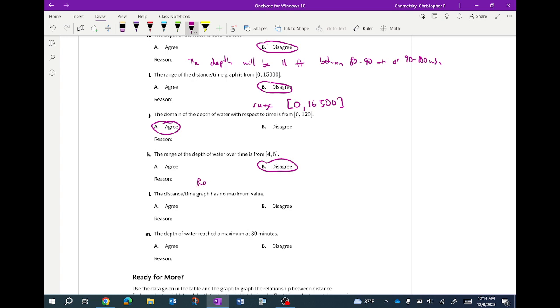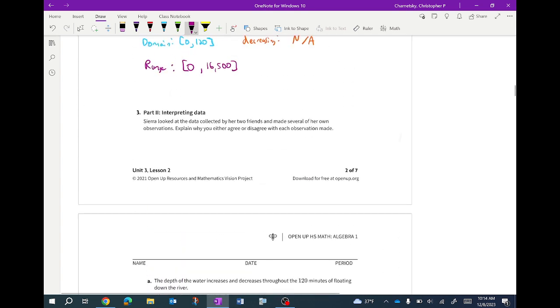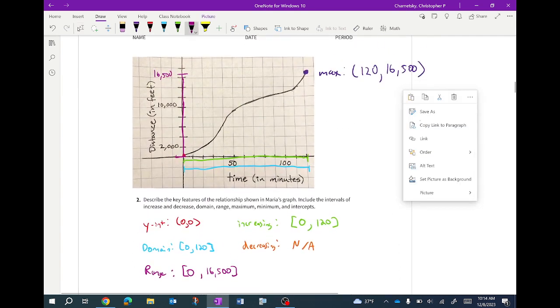So the range is actually from 4 to 12. The distance time graph has no maximum value. I disagree. We found that maximum value. That maximum value is 120 minutes and 16,500 feet.